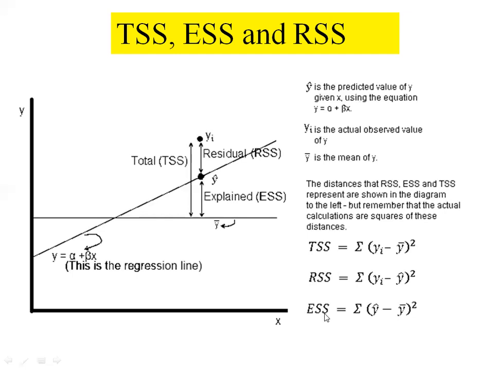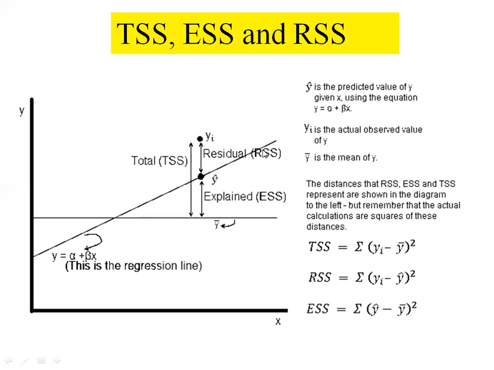If you look at ESS, you could see summation of y hat minus y bar whole squared, where y hat is nothing but the predicted value. So predicted values of y minus y bar whole squared is ESS. Then what is RSS? In RSS, we have yi, that is actual y value, minus y hat whole squared. So summation of yi minus y hat whole squared is RSS.